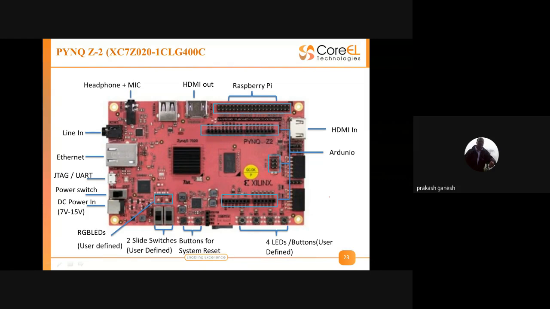They're all user defined. PMOD ports are also available. This is the USB host. We have an SD card slot at the back of the board, and this is the Zynq 7000 FPGA.